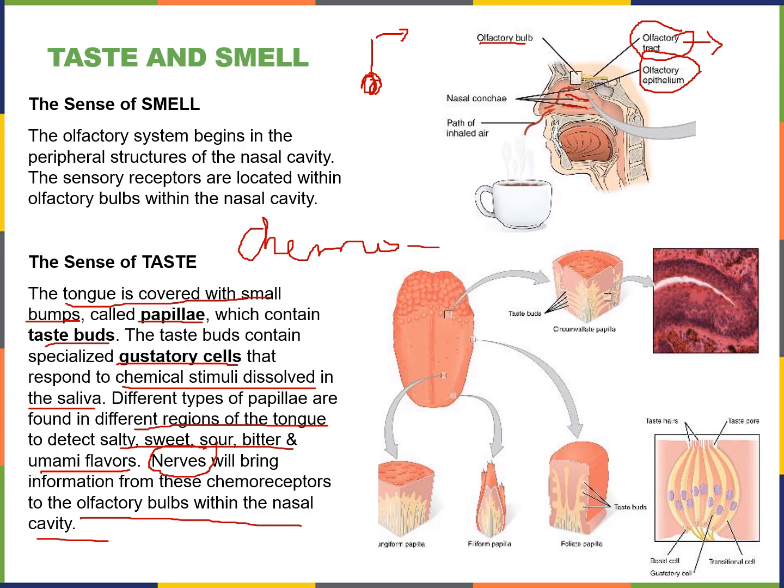Now, you might have seen a tongue map when you're Googling or searching or in past learning. The way that it is presented most often is not correct. What the tongue map does is try to say, okay, this is the only region of the tongue where sweet can be detected. So the receptors for detecting sweet are right here, and bitter is at the back here, and that's the only place.